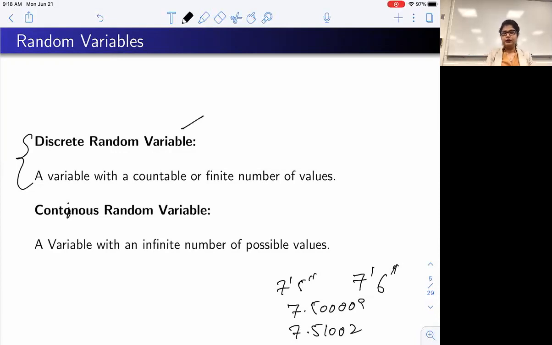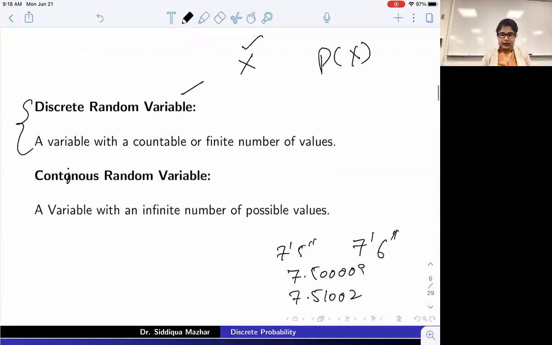For the variable, the convention is that most of the time we use X. So the probability distribution of X means the variable X will be countable, and you are going to find the probabilities for each of these values or outcomes.